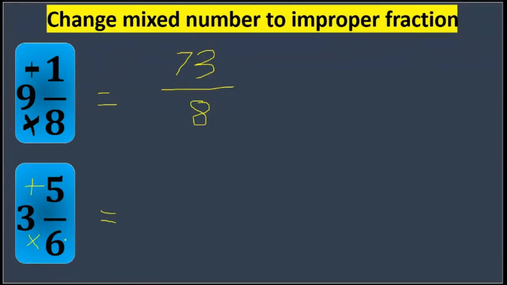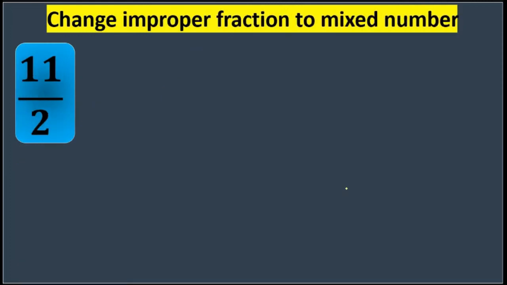So here, we're dealing with mixed number to improper fraction. So 6 times 3 is 18, plus 5, that is 23 over 6. Another one.